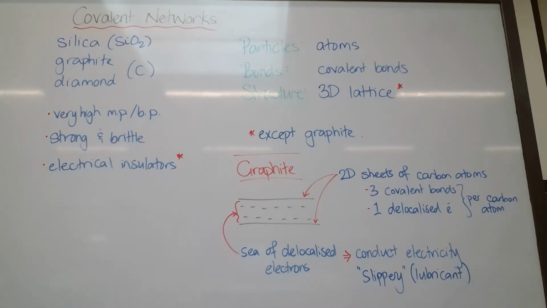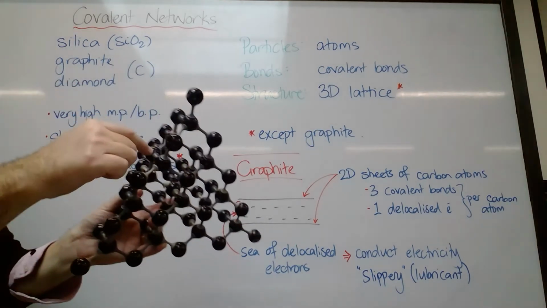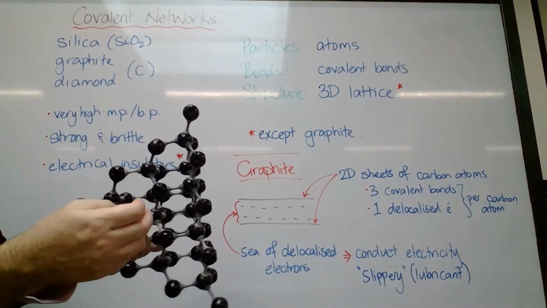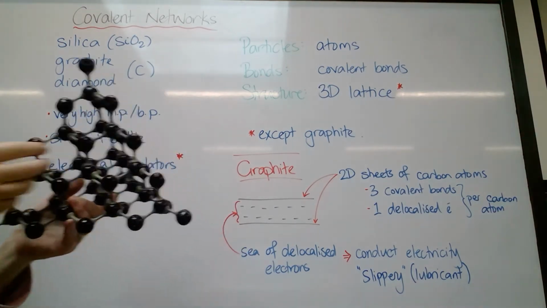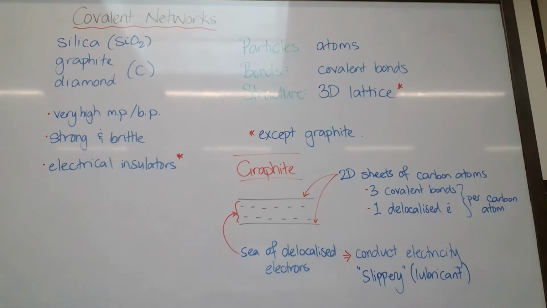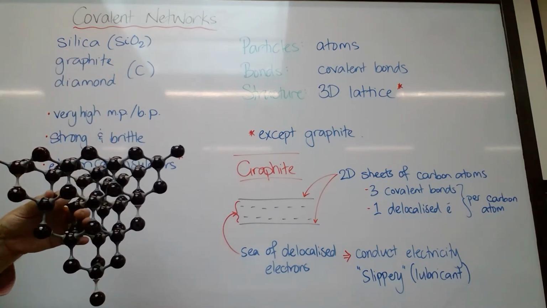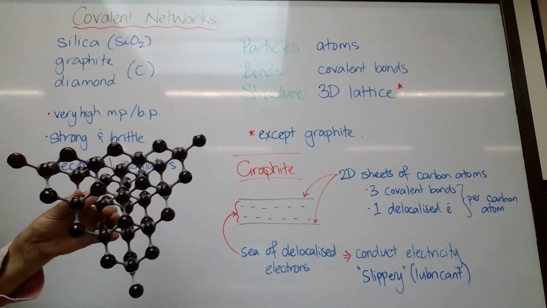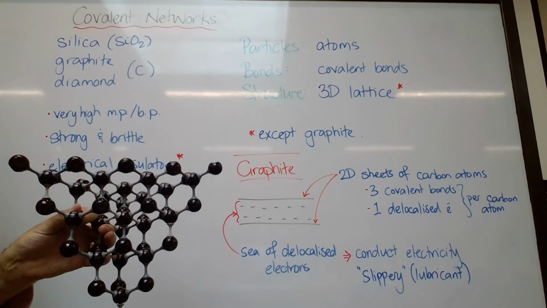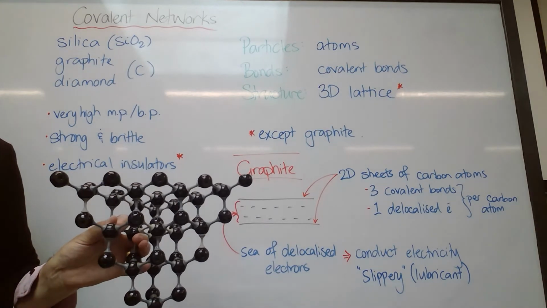In graphite, rather than every carbon having 4 covalent bonds coming off it, it has only 3. And it ends up being laid out in sheets like you can see across the top of the diamond there. If we were using our models, there'd be a hole on every single carbon, which suggests that there is an electron that's not involved in bonding.